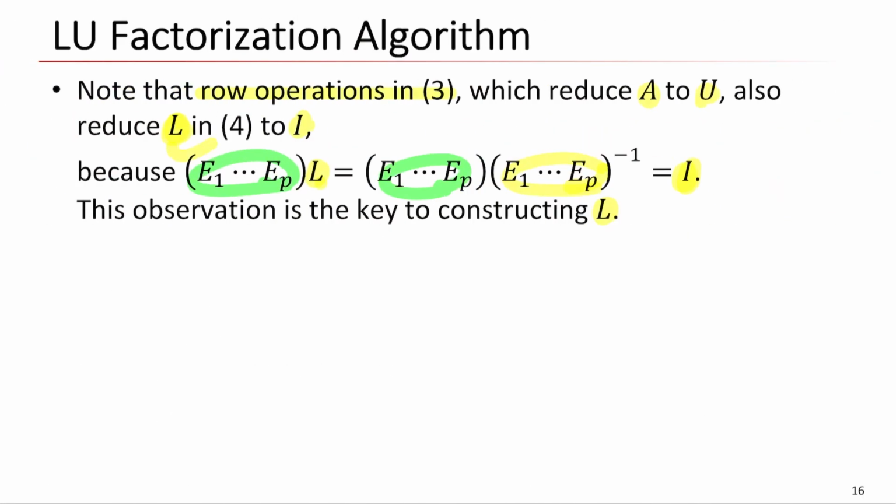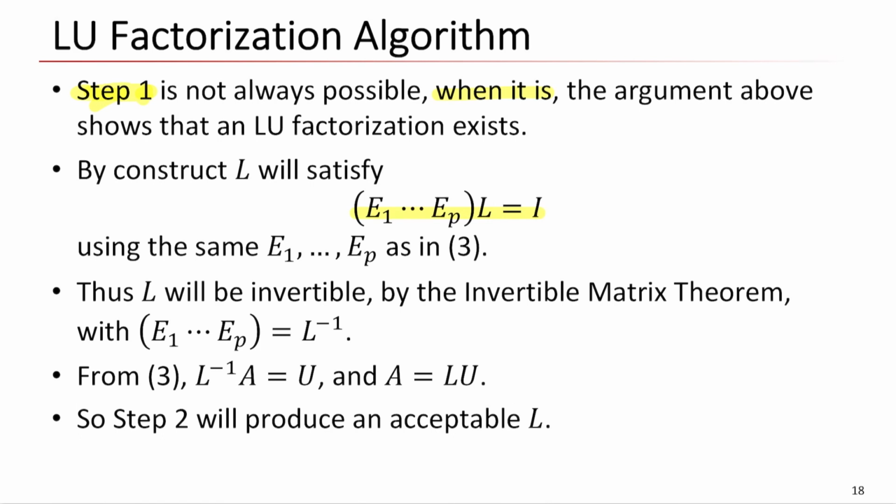Then by construction, L will satisfy this, right? From this observation, it's very intuitive. Then L will be invertible. If you remember the invertible matrix theorem from last week's lecture, if the matrix form looks like this, then the matrix L is invertible, and the inverse of the matrix L is this one.